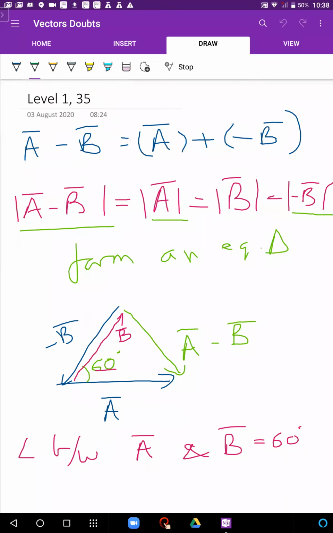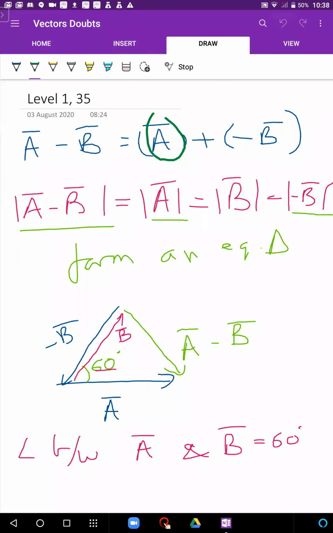You know that A minus B is the addition of A and minus B. Therefore, if you consider a triangle made up of these three vectors, that triangle is bound to be an equilateral triangle. When you add A and minus B and you get A minus B, the triangle you get from the triangle law is going to be equilateral. Why?